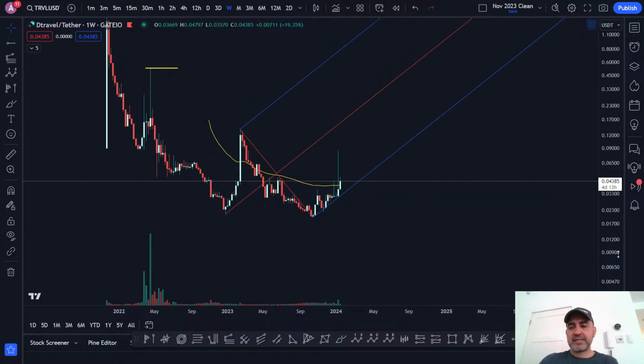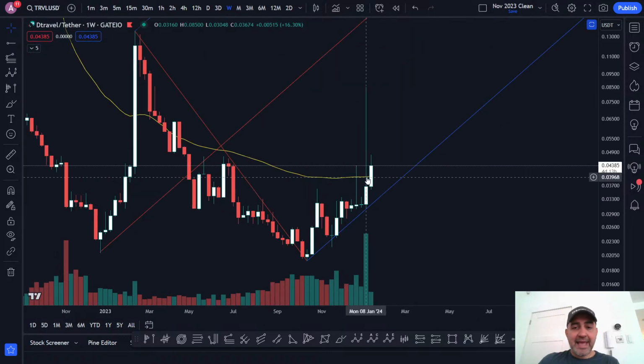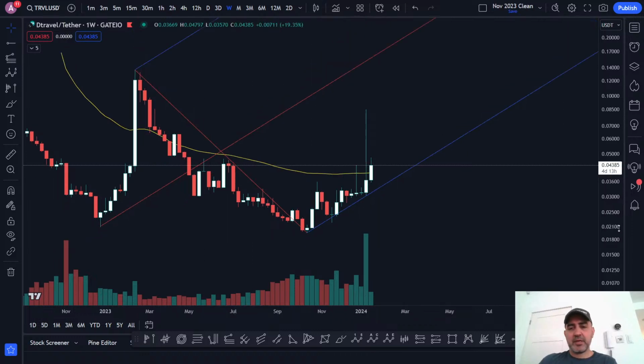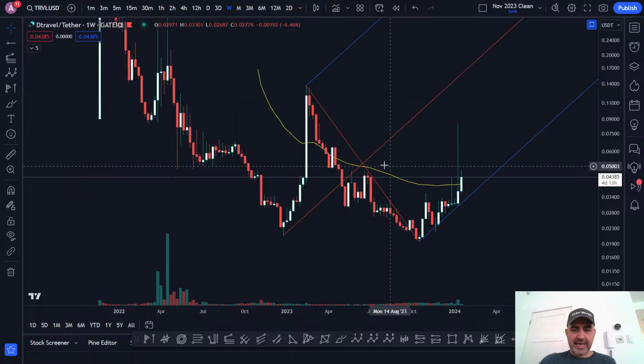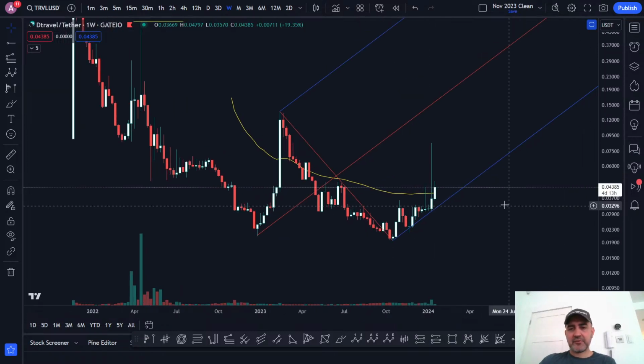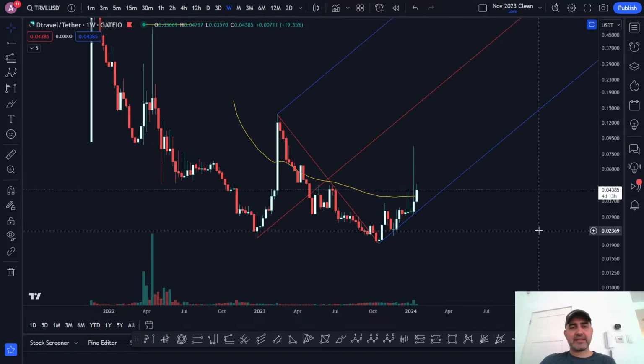But what's interesting about the weekly time frame is we're now above the weekly 50 simple moving average for the first time. That is really fantastic to see, because once we clear this moving average in terms of price and hold it as support, I don't think many people expect the price to come back underneath it for the duration of the bull market again.